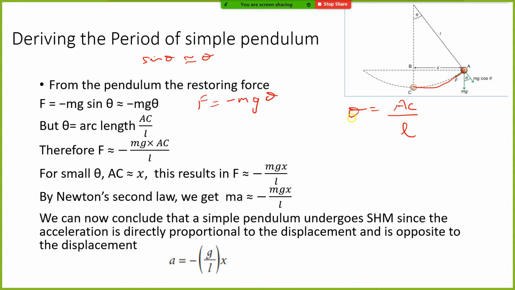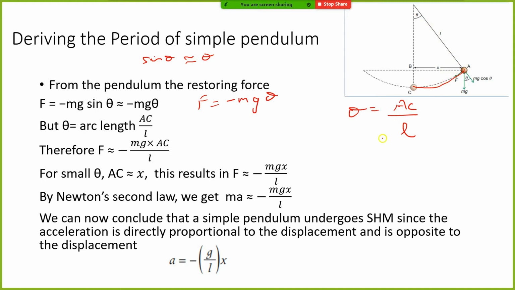Yes, so I was saying just now that theta, which is equal to the arc length, is equal to AC divided by L. I don't know if you remember when we were looking at circular motion.